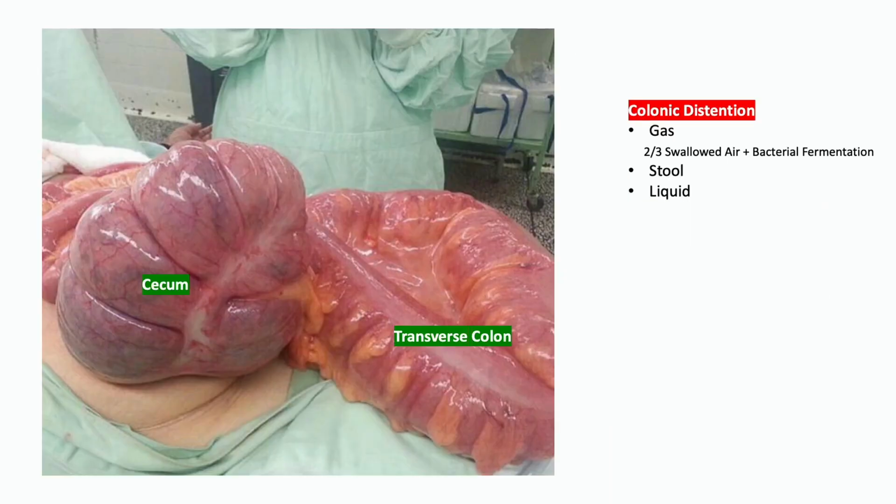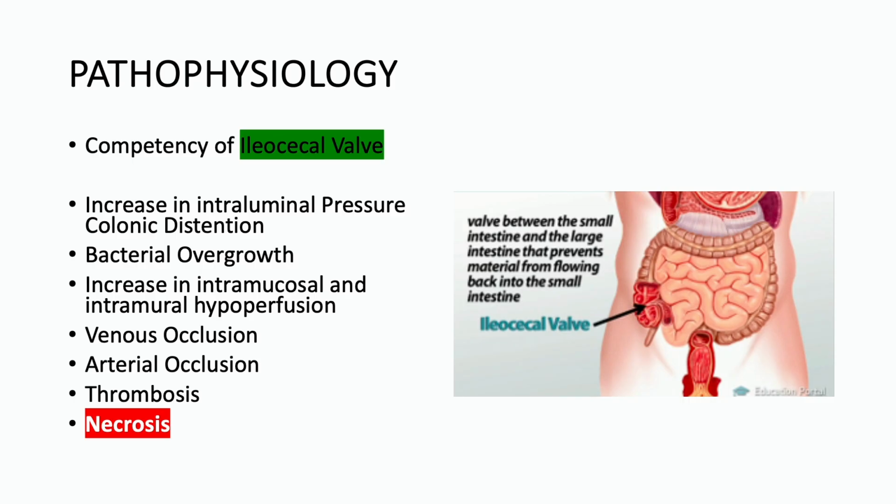The colonic distension, as shown here, is brought about by gas coming from the swallowed air and as a byproduct from the bacterial fermentation plus the stool and liquid. The pathophysiology of a complicated colonic distension resulting to strangulation, necrosis, and perforation brought about by the compression of the vascular channels within the colonic wall is influenced by the competency of the ileocecal valve.